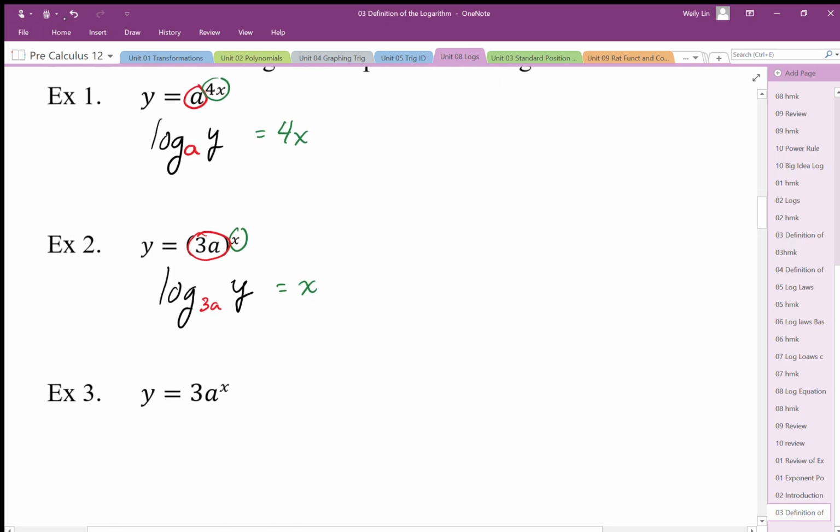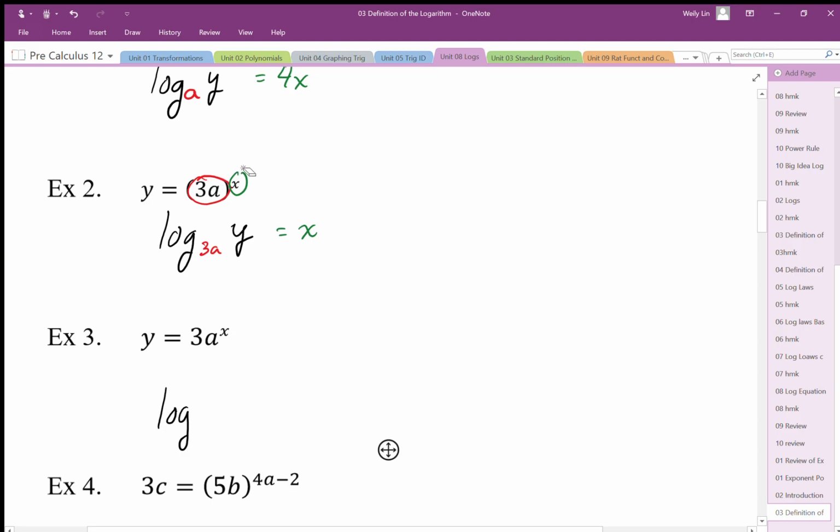Here, this is different. It looks the same, but it's different. This base is not base a. Before we can write it into a log, we need to have the 3 parts of this: a base, an exponent, and the argument or the output.